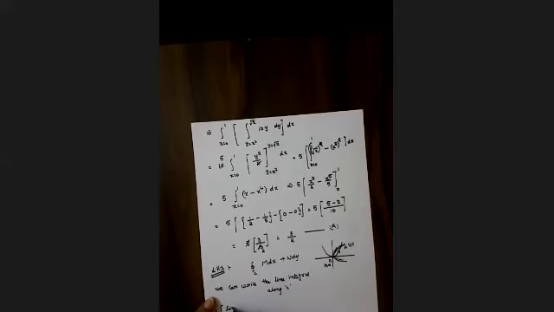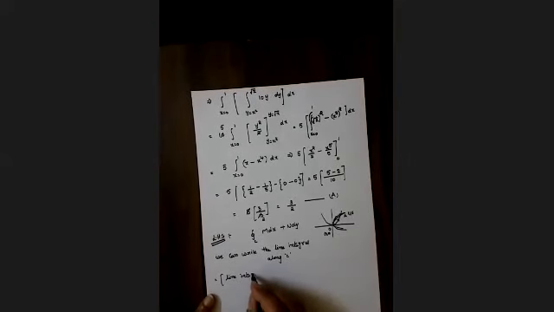One is the line integral along y equal to x². Now this y equal to x² line is from O to capital A. This is one line from O to A. And another one is the line integral along y² equal to x.